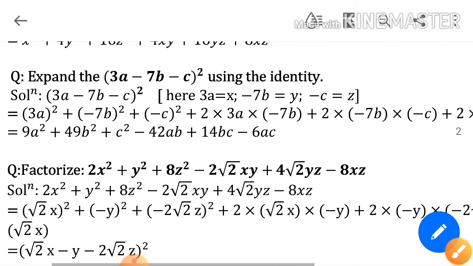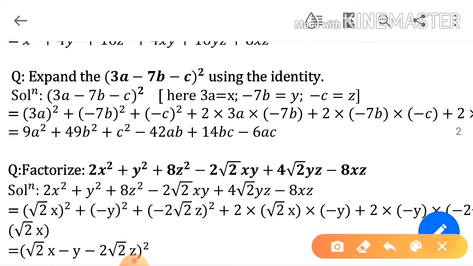Now this one, (3a minus 7b minus c) whole square. Here 3a equals x, minus 7b equals y, and minus c equals z.